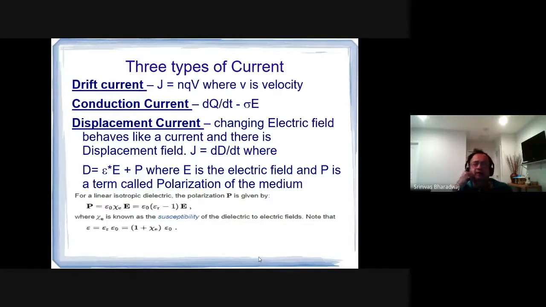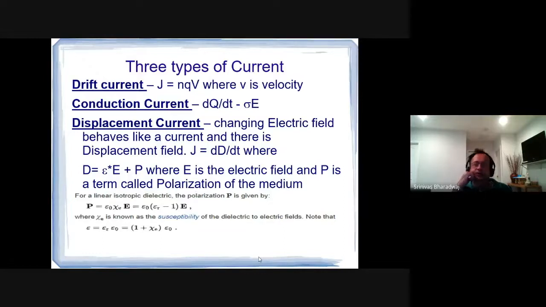Therefore, the displacement field is also called epsilon naught E plus P. This was introduced by Maxwell to take into account the displacement current. So D is equal to epsilon naught E plus P. He changed Gauss's law slightly to introduce polarization.